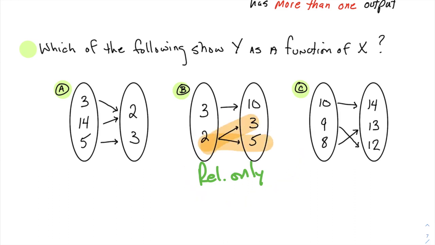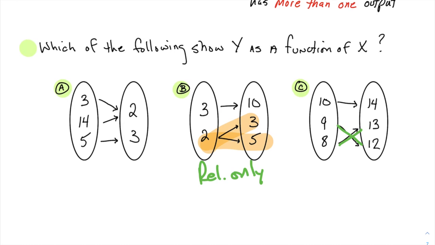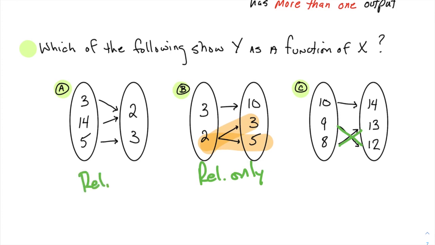That's a relation only. If I come over to the third option, I see the 9 and the 8 kind of crisscrossed. That's just there to try to trick you. Notice there's no double arrow like we had in the middle. So in all of these examples, we would say relation and function. All right, this would be relation and function. So good luck identifying relations and functions.